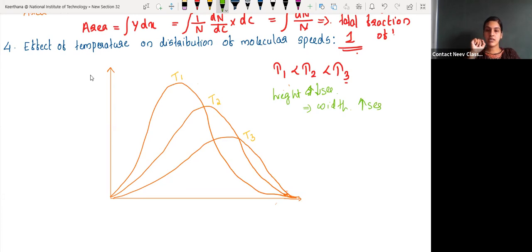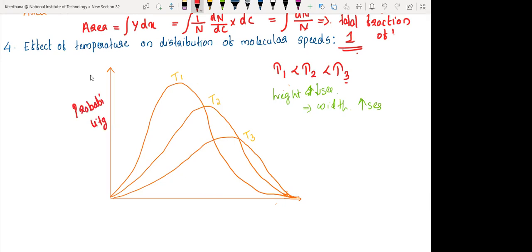And what does it mean? Height decreases means, can you please tell me, VMP decreases.